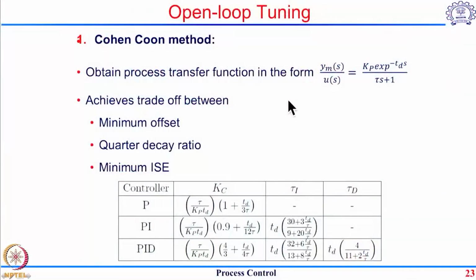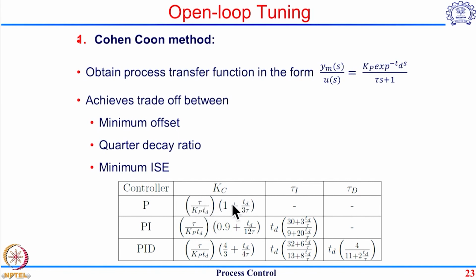It says that you obtain the transfer function in the form of this process reaction curve, Ym over u equal to a first order plus dead time model, and then it tries to achieve a good trade off between minimum offset, quarter decay ratio and minimum integral of squared errors. Based on this, if you want to use a proportional controller, then the best values of the proportional controller according to this method would be given by this formula, which is dependent on Kp, tau and Td.